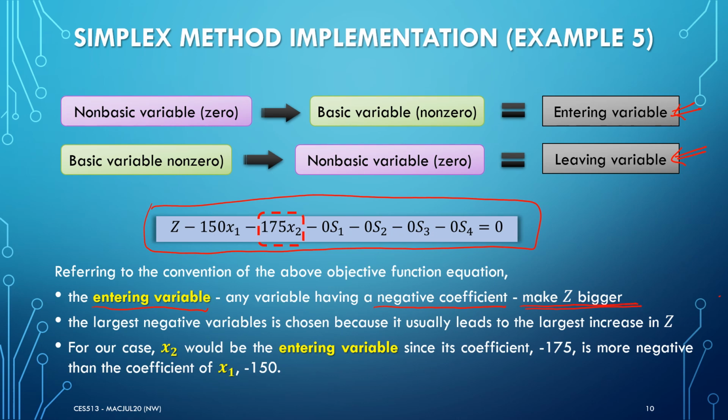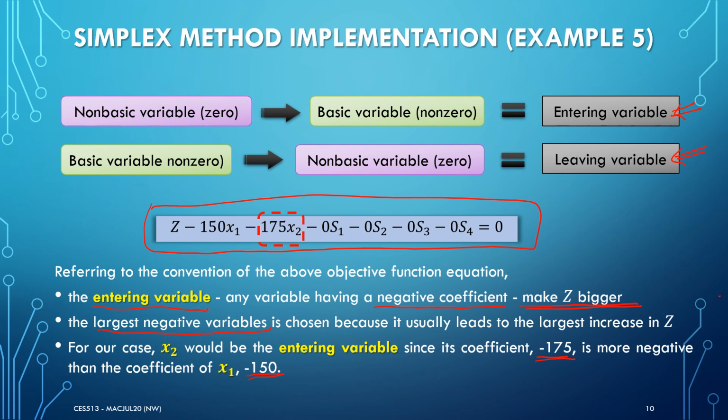The variable with the largest negative value is conventionally chosen because it usually leads to the largest increase in z. So if we check for the largest negative value between the coefficients for x1 and x2, the coefficient of x2 is bigger because it has negative 175 compared to negative 150 for the x1 coefficient.